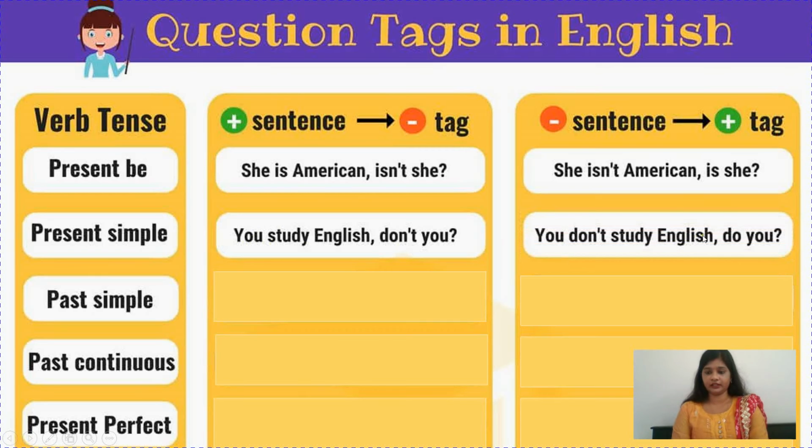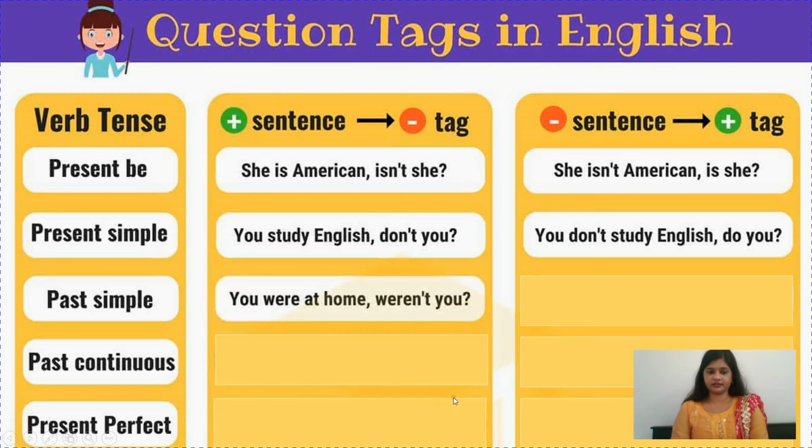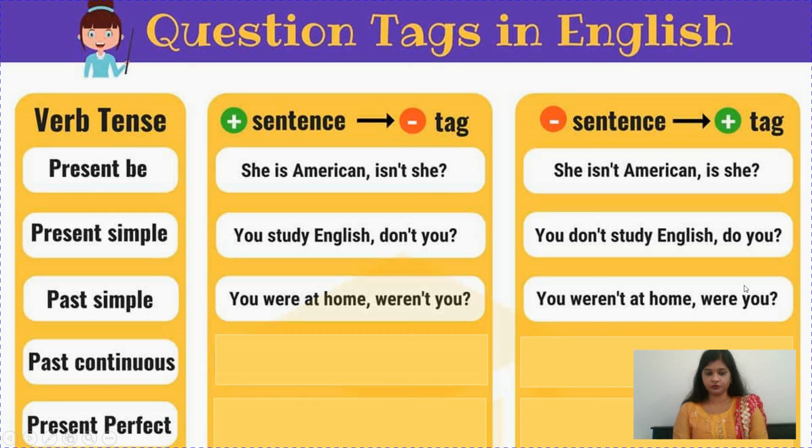You don't study English. So again don't will change into do and write the pronoun. So do you. It's very simple children. If you understand the concept, you can write any kind of sentence. You were at home. So please change were into negative form, weren't, and use a pronoun. So please add here weren't you. Now change that sentence into negative form. So you weren't at home, were you?